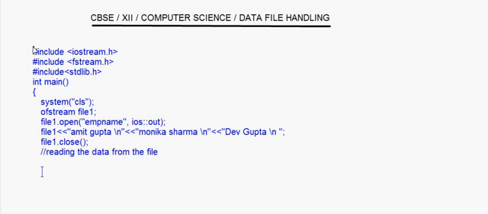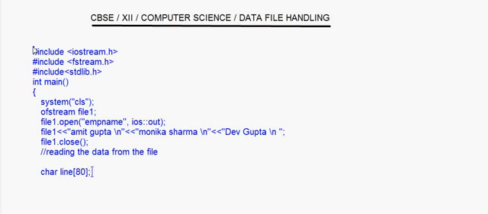Now see how it is to be done. The first thing you have to do is I take one character array, I call it line, and I take it as 80 like this, right?